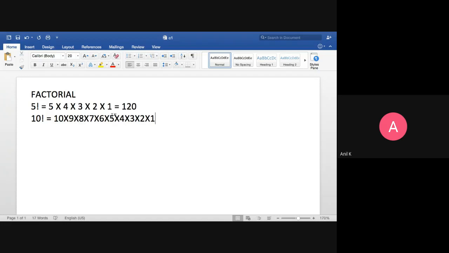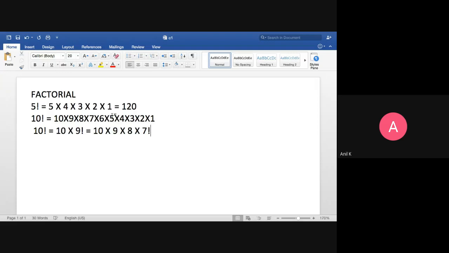In the same way I can write 10 factorial as 10 into 9 factorial. Or, in some cases, you can write this as 10 into 9 into 8 into 7 factorial.